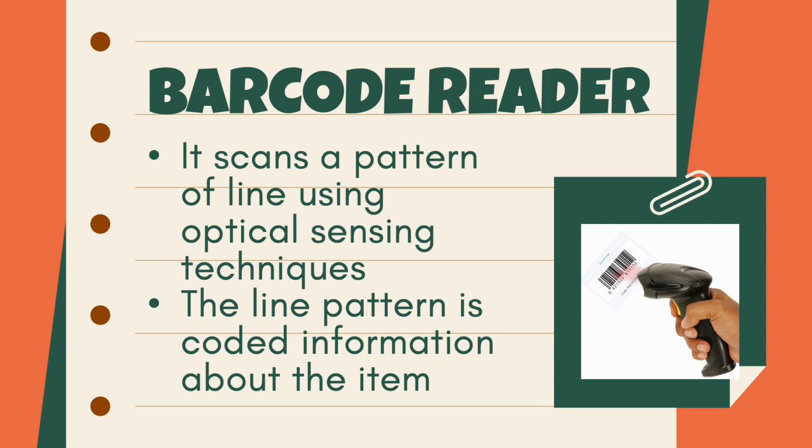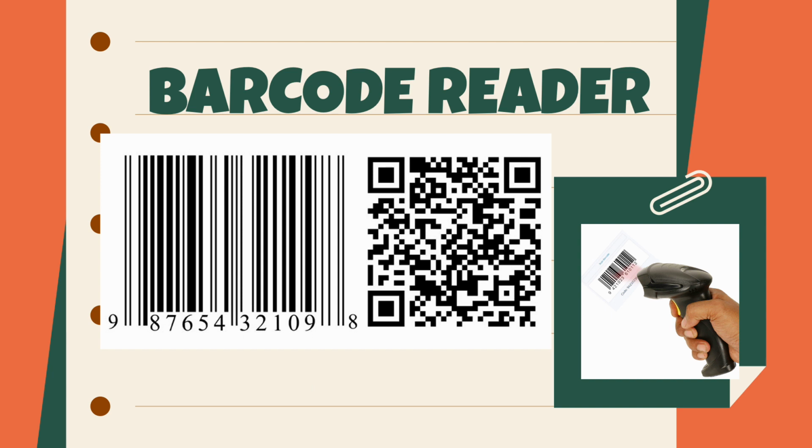Meron din, for example, ginagamit din natin na madalas yung pang barcode, barcode reader is yung mga cellphone natin. Tama? For example, sa mga QR code, sa mga GCash, 'di ba? Para makapagbayad tayo through GCash or makapag-send tayo ng item through GCash is ini-scan natin yung mga barcode or QR code rather.